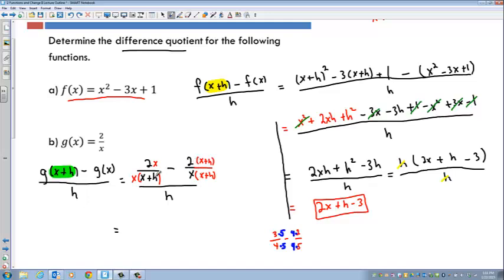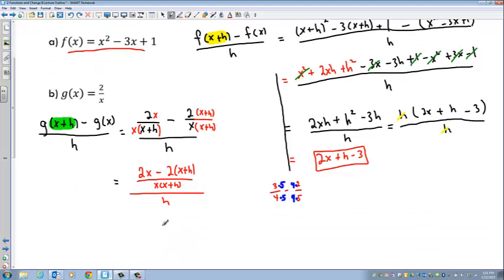And so now you have a common denominator, so now you can subtract the numerators. And so you have 2x minus 2 times x plus h, all divided by x times x plus h. And this is all divided by h again.